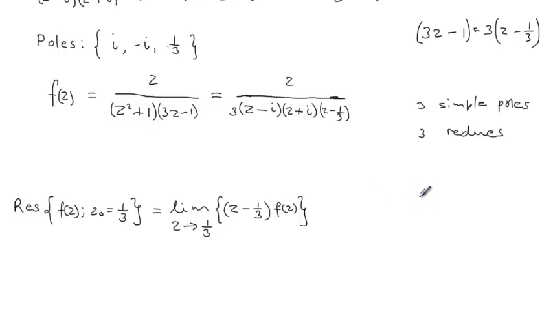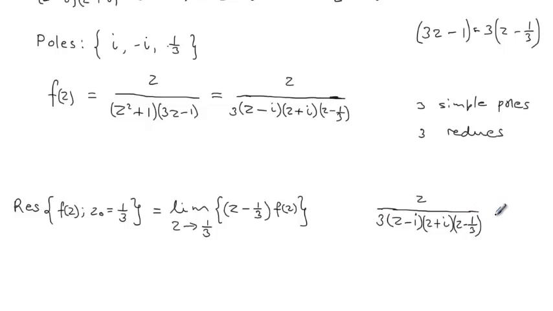we'll take f of z, which equals z over z minus i, z plus i and z minus 1 over 3 multiplied by 3 here.